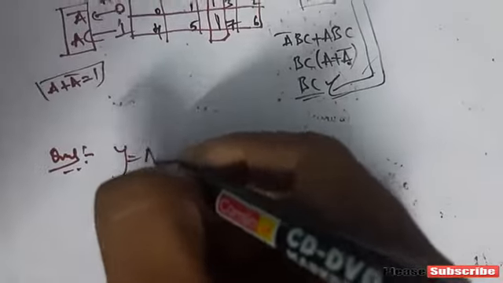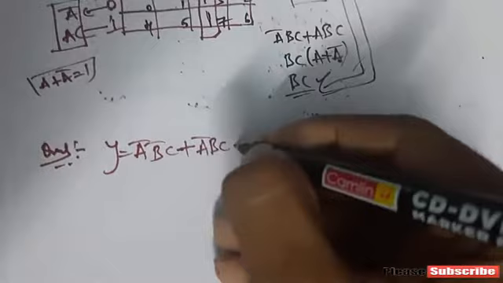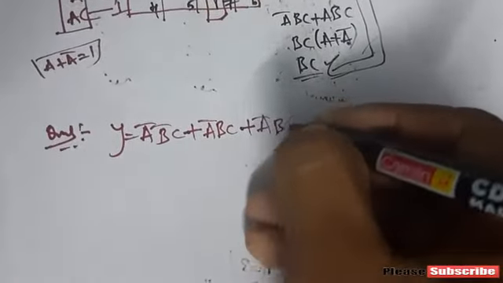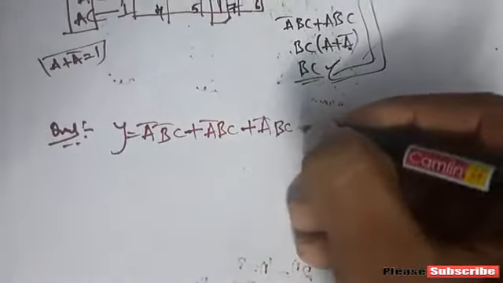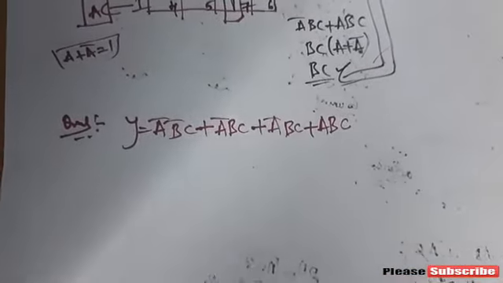Y is equal to A bar B bar C plus A bar BC plus A bar BC plus A B C. Let's do it first with the conventional method, then you will check with the K-map, and after applying the shortcut, you will get the same answer or not. Just check it once.